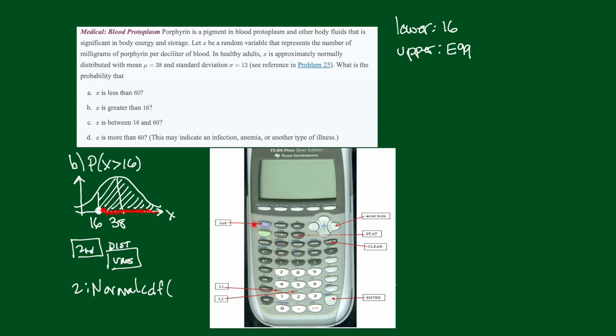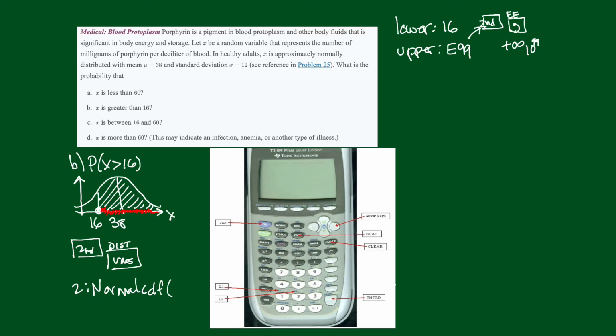So you have to press second and then the comma key, because that's where the EE is. But when you press it, you just get one E. And then just type in 99. That's the way of saying plus infinity. It's like 10 to the 99th. It's not infinity, of course, but it's a really big number.